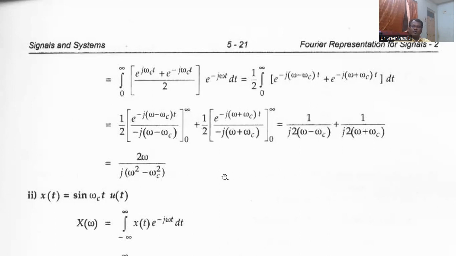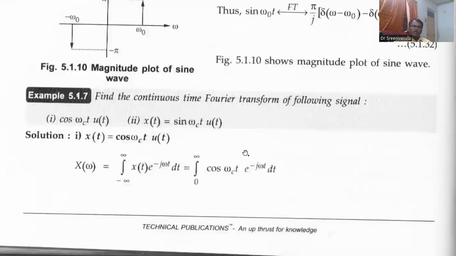Then if you substitute these limits, we get the Fourier transform of cos omega naught t u of t as j omega by omega naught square minus omega square, which we can calculate directly. Otherwise, we can also calculate this by using the multiplication property: multiplication in time is nothing but convolution in frequency.